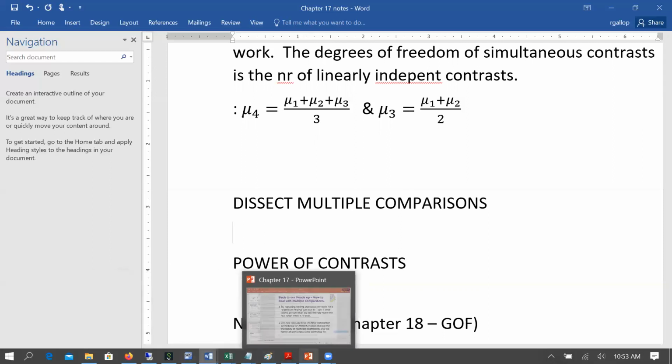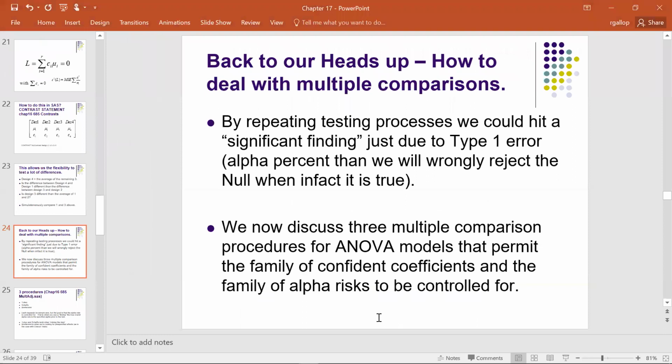But now, if we get back to this, we start looking at the multiple comparison issue of hitting a significant finding just by accident, basically us committing a type 1 error. When we do a number of hypothesis tests, there's a chance we hit a type 1 error by accident.